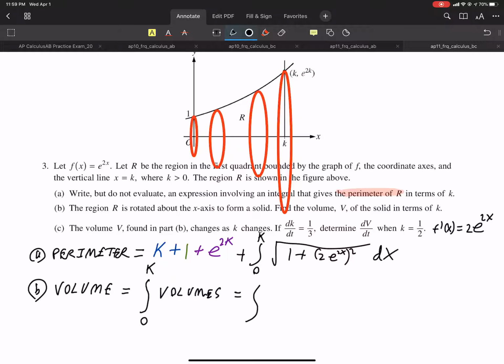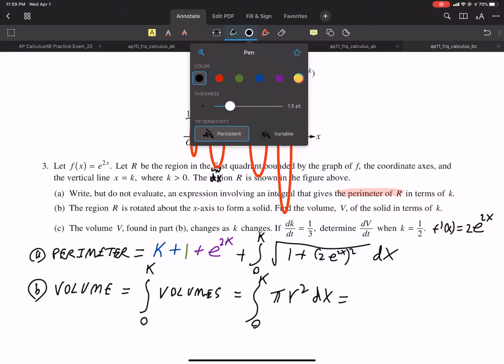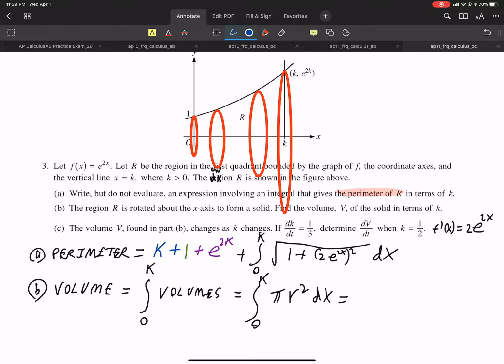Now, how thick is one of these disks? It's going to be a change in x, dx. So we will do pi r squared, that's the area of the circle, times the thickness, which is dx. But now the question is, what is r? R is that distance, but that distance is just that function.